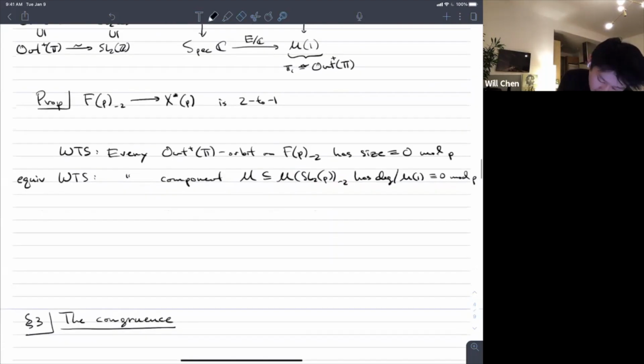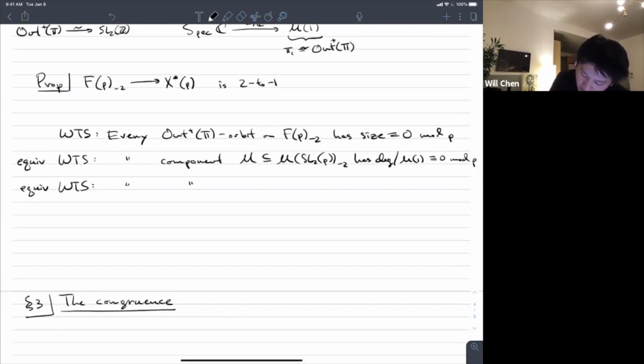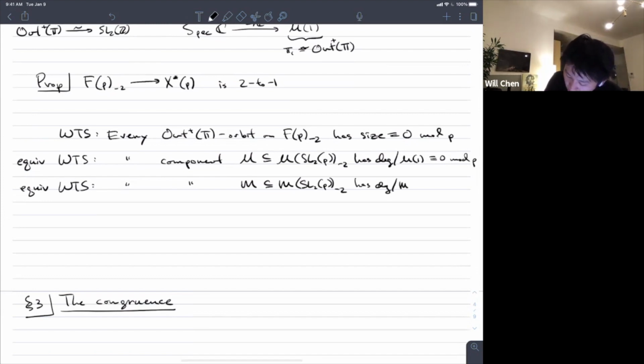Okay. And finally, this is also equivalent. This is, I guess, more of a technical statement, a kind of technical reduction, that every component of the coarse moduli scheme, we can also phrase this in terms of coarse moduli schemes, has degree over the J line, the coarse moduli scheme of elliptic curves, congruent to 0 mod P. Essentially because when you pass from a finite map of stacks to M1 to the corresponding map of coarse moduli schemes, then the degree can only differ by a factor of 2.